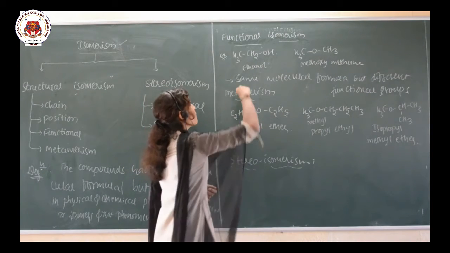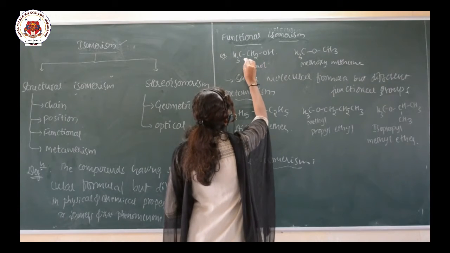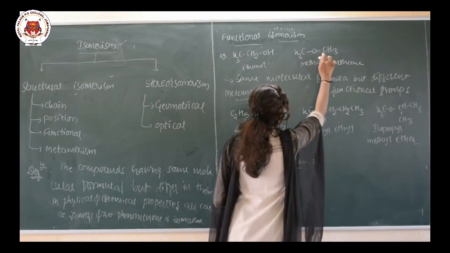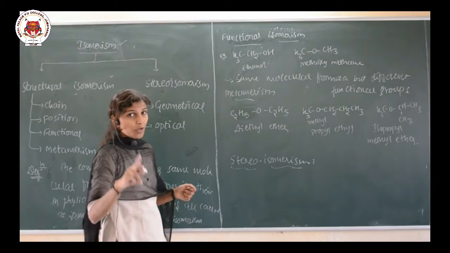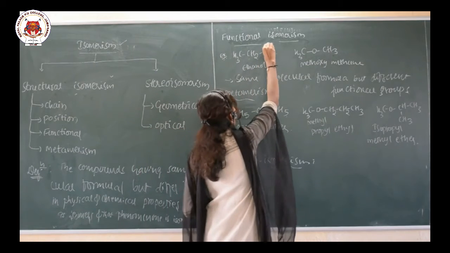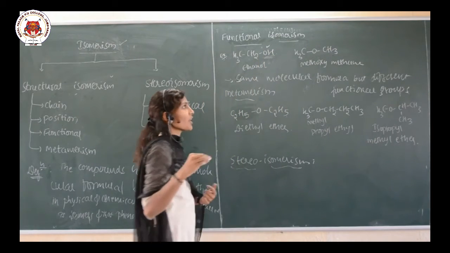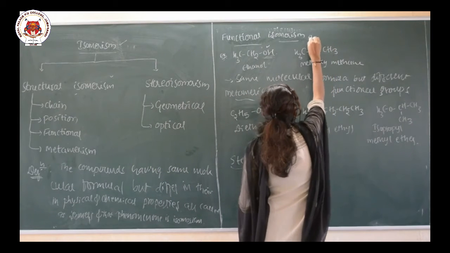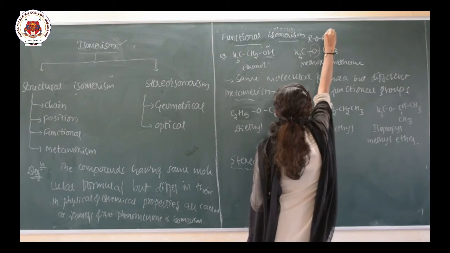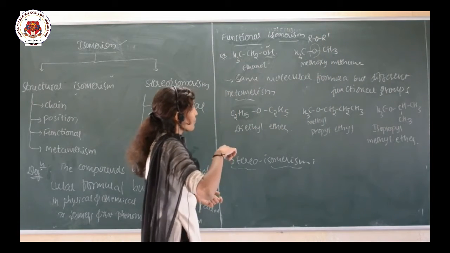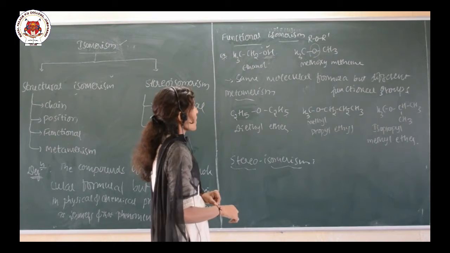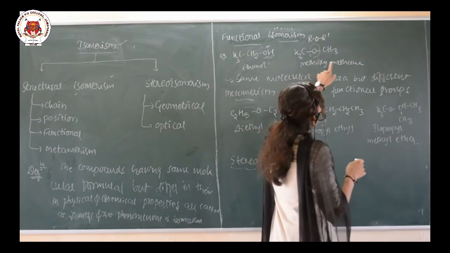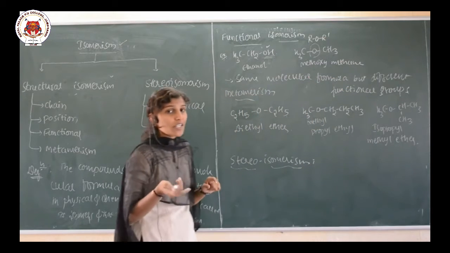See here the molecular formula is C2H6O. Here also C2H6O. These have the same molecular formula but the functional group here is OH, that is alcoholic. It is a class of the alcohol, but here the functional group is O, a class of ether, R-O-R dash. The name of this compound is ethanol, and the name of this compound is methoxymethane, or dimethyl ether.